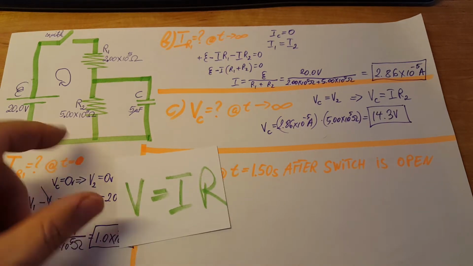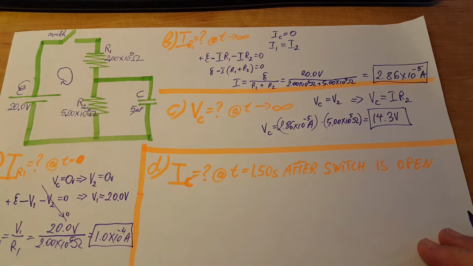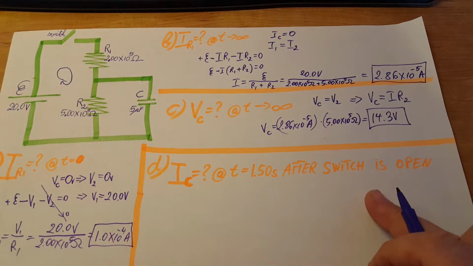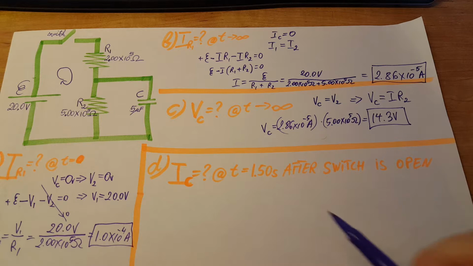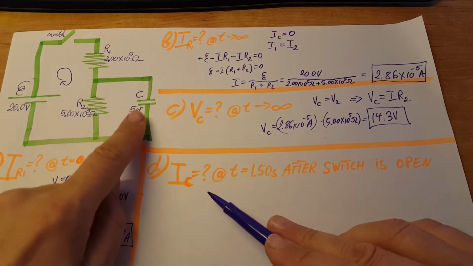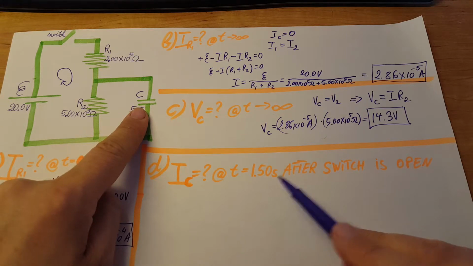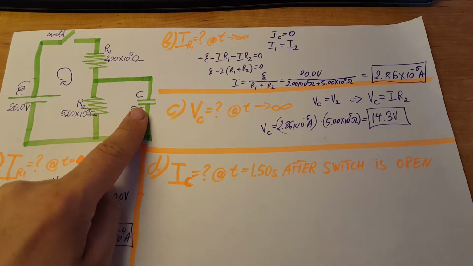Now the last step. After a long time, after all this happened, now we're gonna open the switch, and they are asking us to find the current on the capacitor after 1.5 seconds passed after opening the switch.